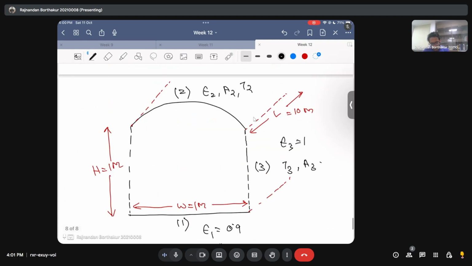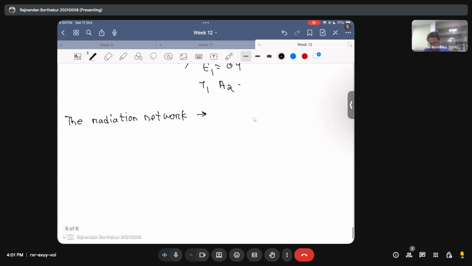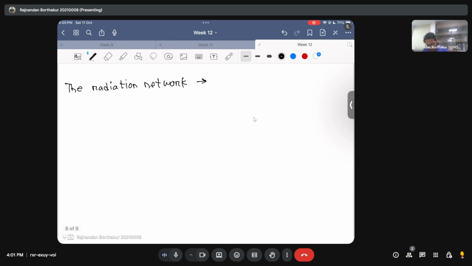As I said, we will start off from the radiosity nodes of any of the surfaces. So maybe we'll start off from the surrounding. The surrounding radiosity node is going to be J3, but we know that the surrounding is a black body, which implies that J3 is equal to EB3, meaning that there is no surface resistance associated with the surrounding. And then from here, I'll draw the different space resistances.